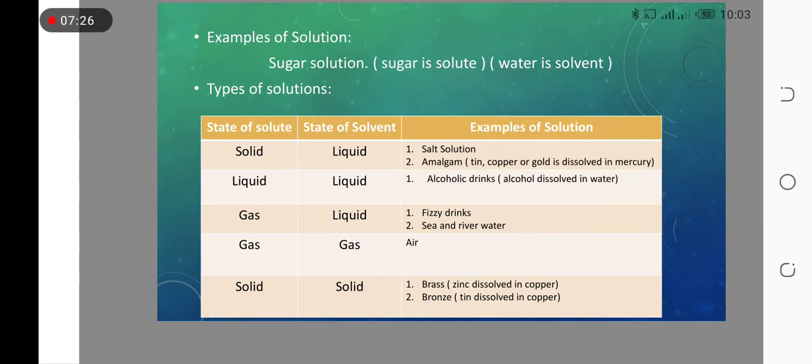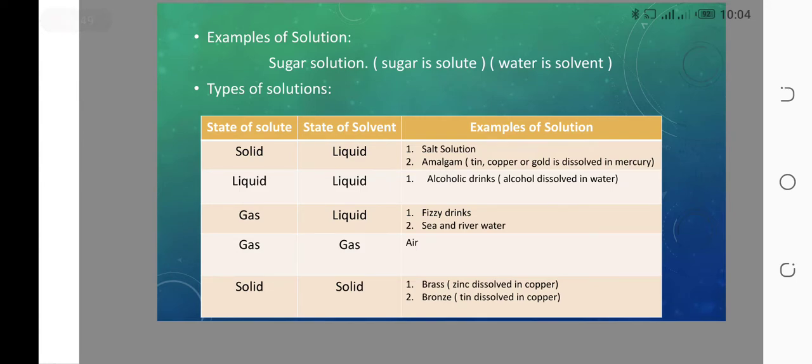An example is alcoholic drinks. For example, if we dissolve alcohol in water, then we will obtain alcoholic drinks. So this is also a type of solution in which both solute and solvent are in liquid state.